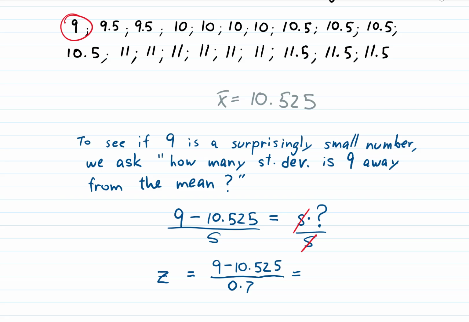So we get 9 minus 10.525 divided by 0.7. And you come up with negative 2. I'm going to round off to 2 decimal places here. 2.18. So what that tells you is the person who can run 50 meters in 9 seconds is a little bit more than 2 standard deviations below the mean. Okay?